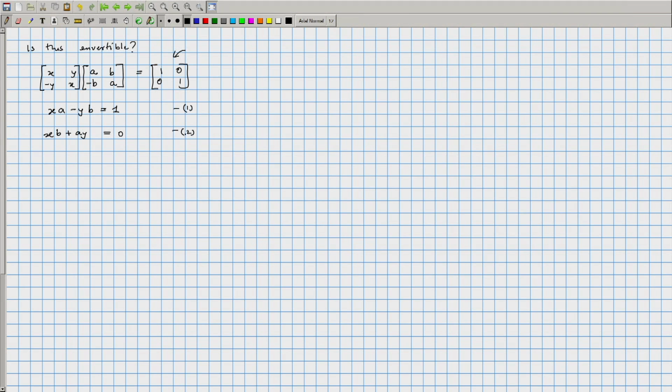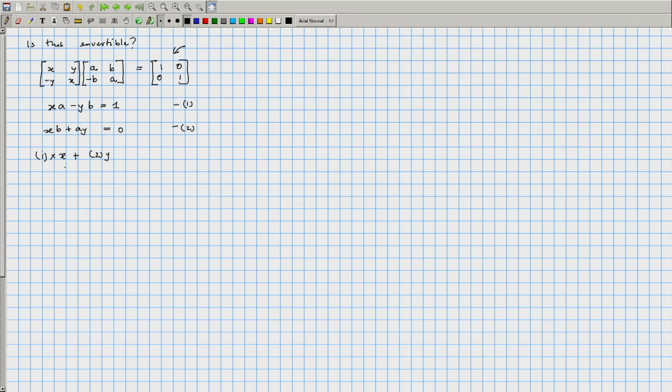Call this equation 1 and this equation 2. If we multiply equation 1 by x and equation 2 by y and add, what we get is x square a plus y square a is equal to x, and therefore a is equal to x by x square plus y square.